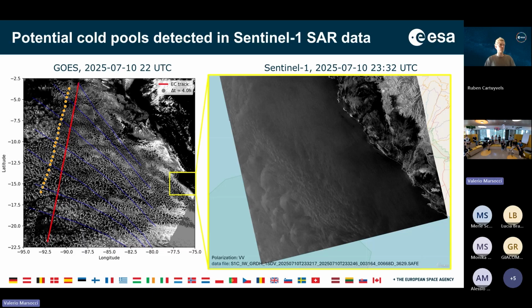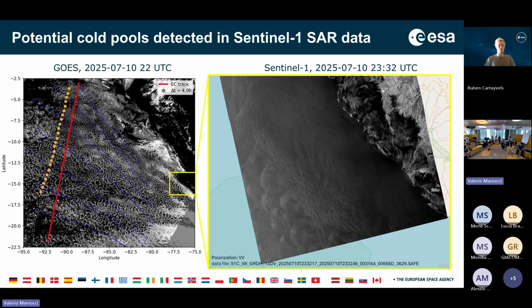This here shows, on the left-hand side, a GOES image of mainly open cells. A situation like this, where open cells reach so much towards the east, is quite rare, but sometimes it happens. And then on the right, this shows the Sentinel-1 picture. So a polarization measurement.